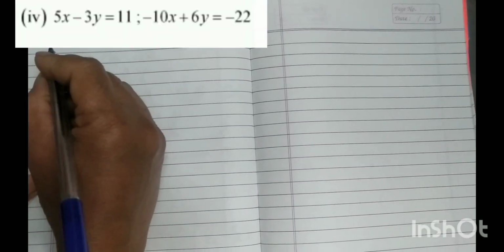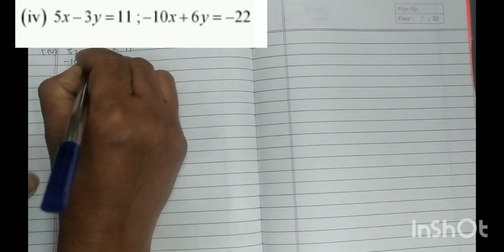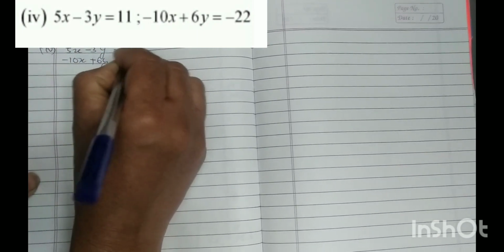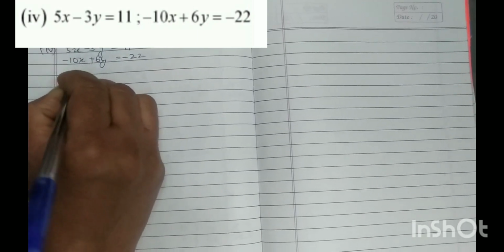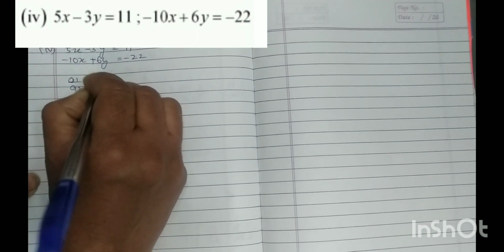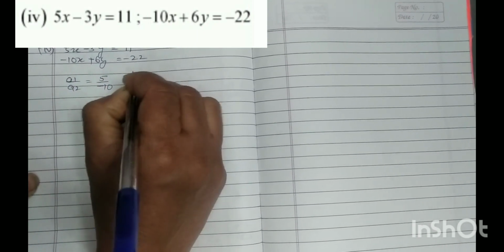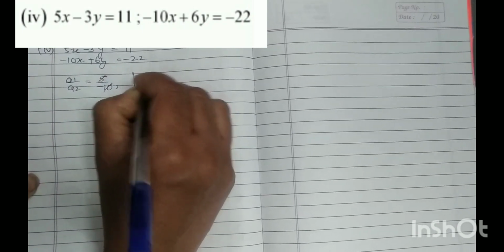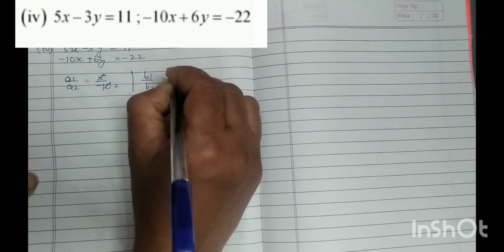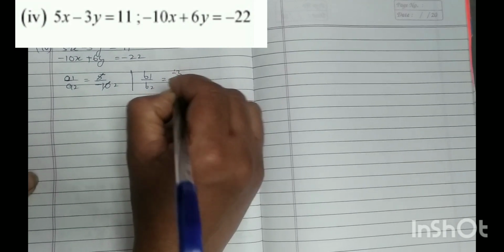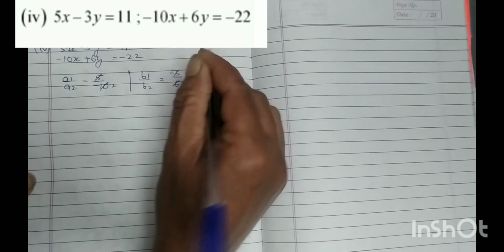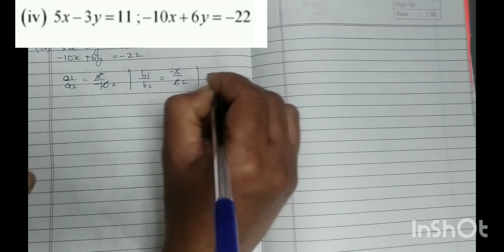Question number 4. 5x minus 3y equals 11. Minus 10x plus 6y equals minus 22. A1 upon A2 equals 5 upon minus 10, 5 1s are 5, 5 2s are 10. B1 upon B2 equals minus 3 upon 6, 3 1s are 3, 3 2s are 6, minus 1 upon 2.